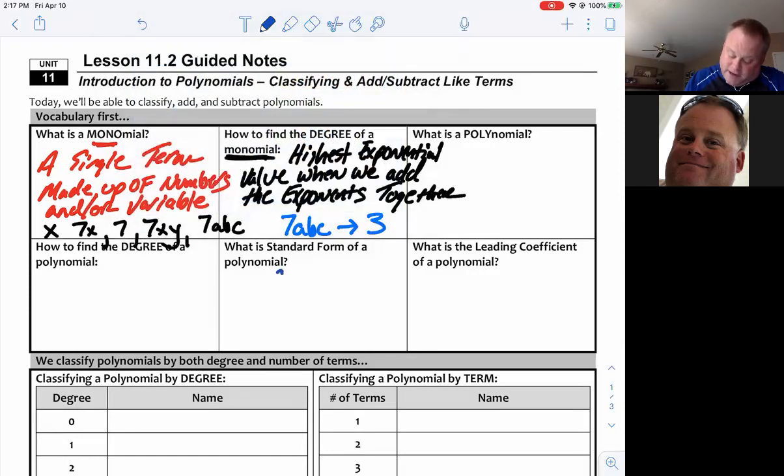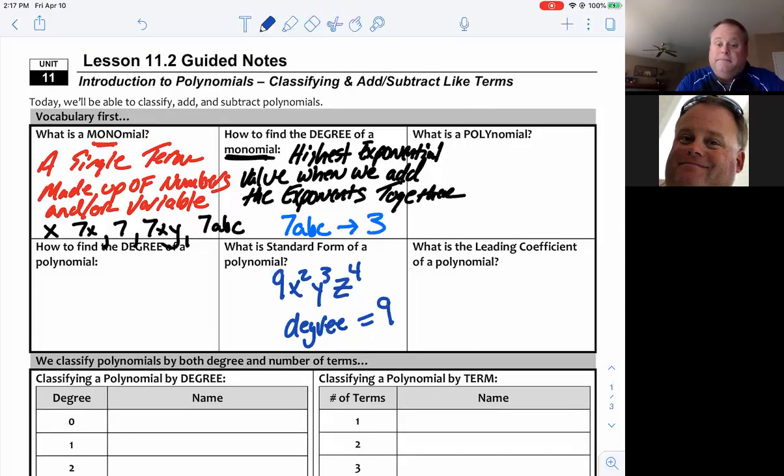If I had 9x squared, y to the third, and z to the fourth, my degree here is going to be 2 plus 3 plus 4. So my degree for this monomial would equal 9. So how to find the degree of a monomial? You add up the powers of that monomial, and that is its degree.